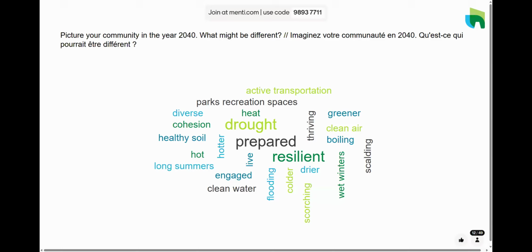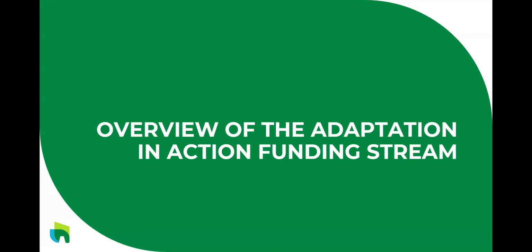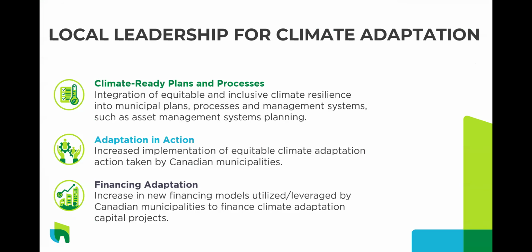And this is really a nice segue into our offer. So our offer is really designed to support different climate priorities, understanding that these priorities vary greatly across the landscape. And I'd just like to take a step back for a second and situate ourselves and the adaptation and action funding stream within our larger initiative.